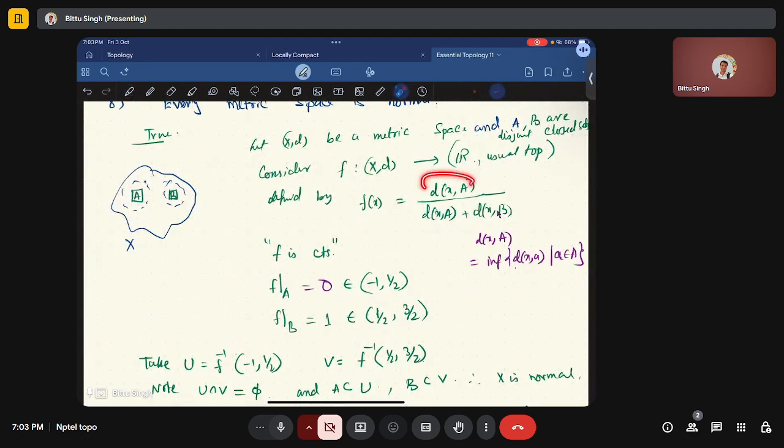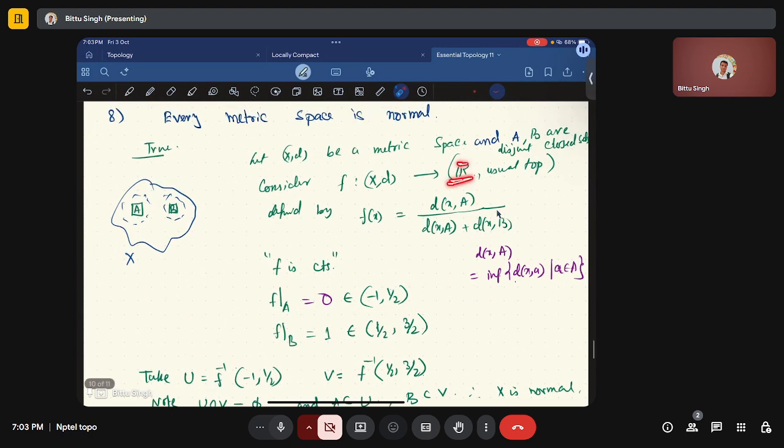We only need to see that this function is continuous because division, addition, those kinds of things are continuous if we consider the codomain to be Euclidean space, right? So the only thing we need to prove is that distance is a continuous function, which is also very easy. Just use the triangle inequality.